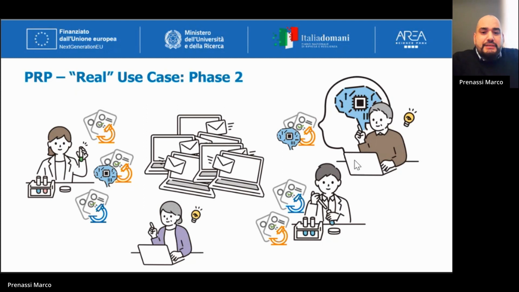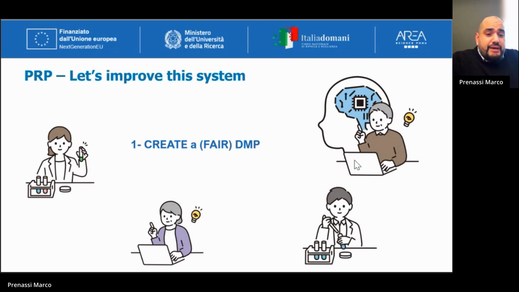So it's really important to improve this system, and FAIR, after COVID, and the European Commission is one of the tools that we can use to make it better. So let's improve this system. First thing first, we can make a good and usable DMP, a good usable data management plan.